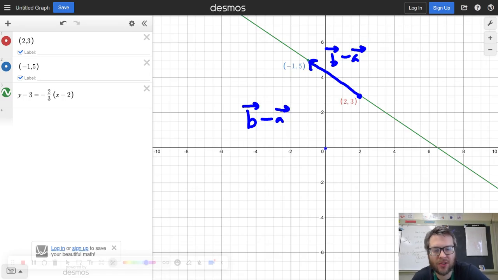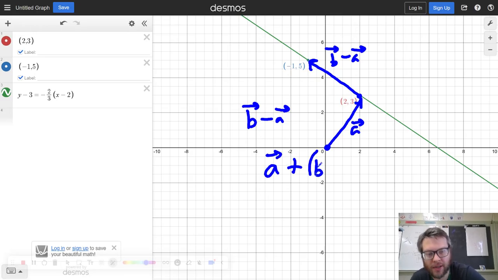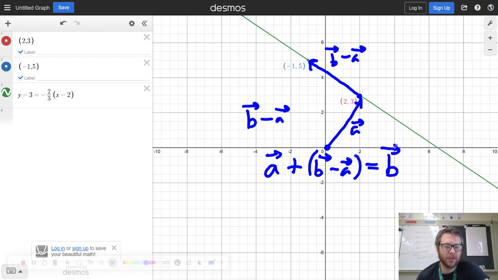And if I start at the origin and go right here on vector a, and then do vector a plus vector b minus a, I hope you agree that adding those two things together would just be getting to vector b. So what I've shown you so far is that adding the vector a and adding the difference b minus a could get us to point negative 1 comma 5.